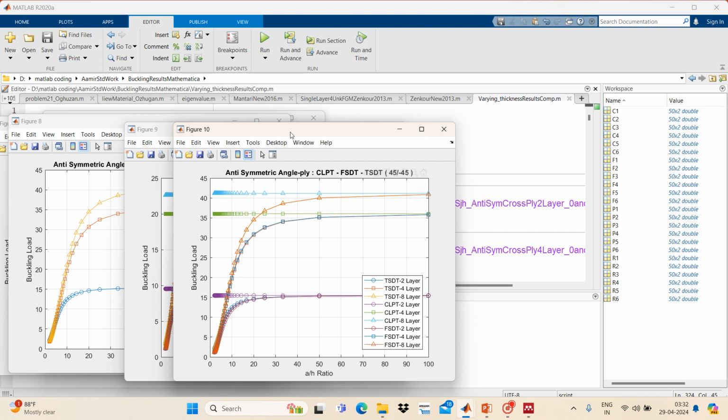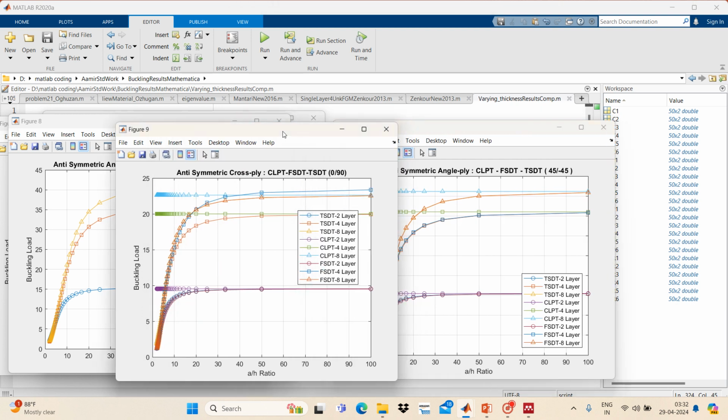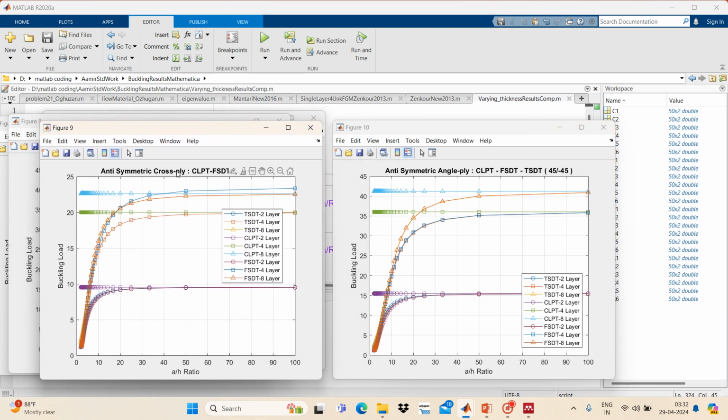But in the anti-symmetric cross-ply laminate we get a buckling load for the 2-layer up to 10, while here for the 2-layer we get a higher buckling load up to 15. Similarly for 4-layer we get up to 20, but for the 4-layer anti-symmetric angle-ply plate we get 35.